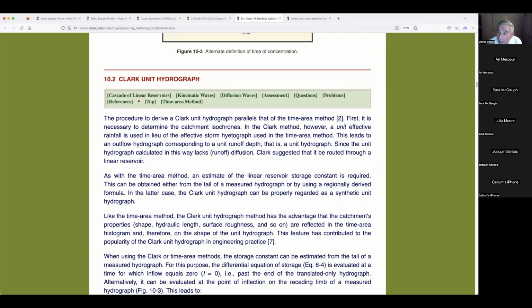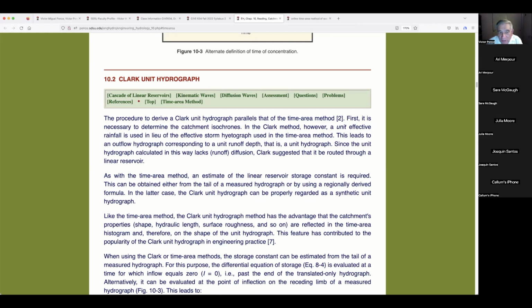So basically the Clark method is nothing but the application of the time area methodology, routing methodology, to a unit impulse, meaning a unit hydrograph. And then right after that, as a second step of the computation, run it through a linear reservoir of a certain K coefficient that needs to be determined for an individual case. That was it.